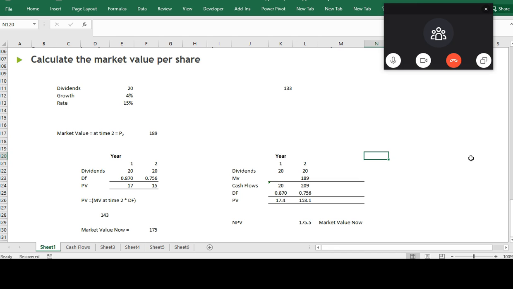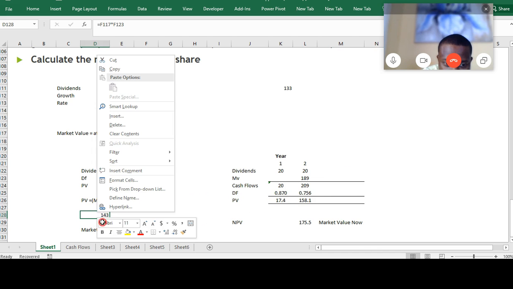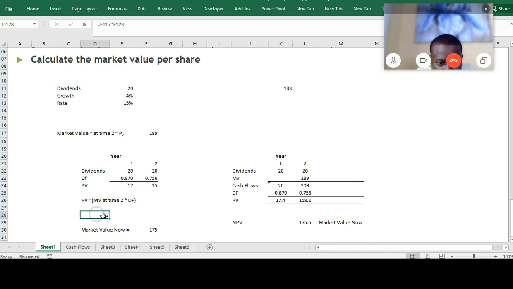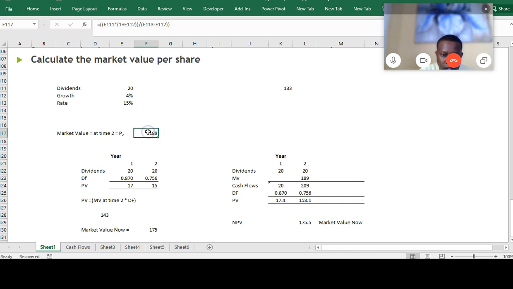No, it's this 189. This 189 in year 2. In year 2, with the discount factor of 0.756, this market value here to now is 143.